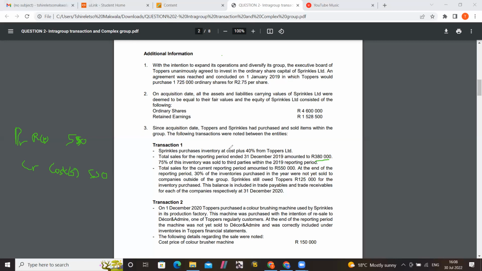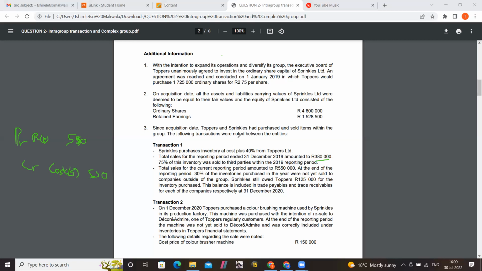A transaction between the parent and the subsidiary only doesn't make sense, because the parent and the subsidiary are one entity. Therefore, we have to fix that discrepancy relating to the inventories.